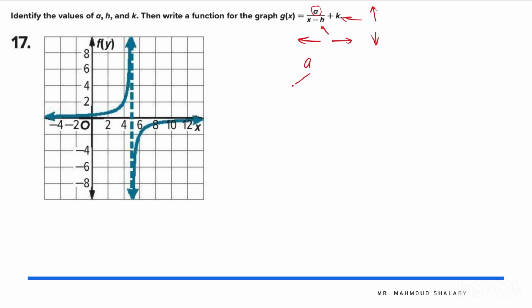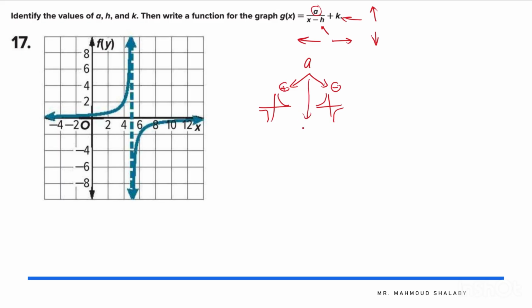A could be positive or negative. If it's positive, the graph will be drawn in the first and third quadrants, while if it's negative, it will be flipped or reflected to quadrants 2 and 4.